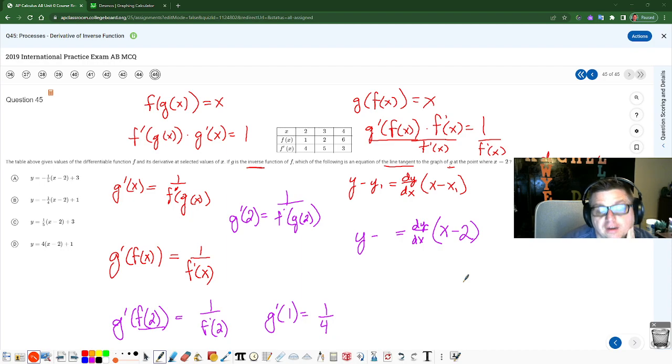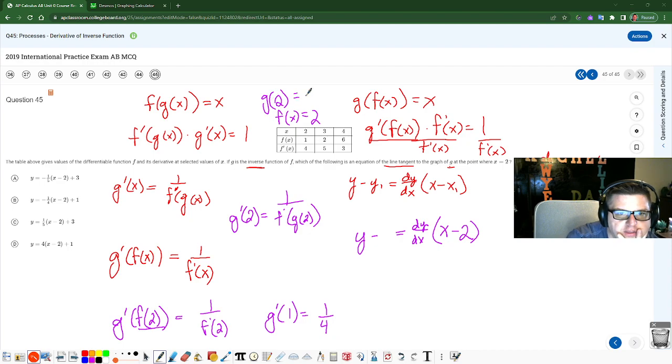Okay, now if they're inverse functions, that would mean if I want g of 2, that means f of x has to equal 2.